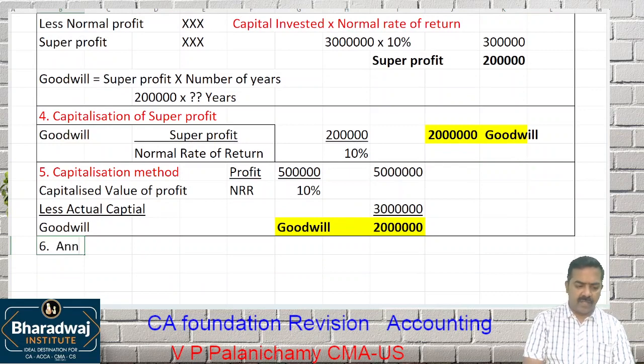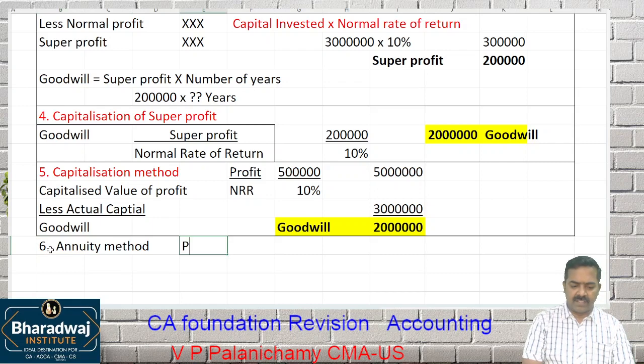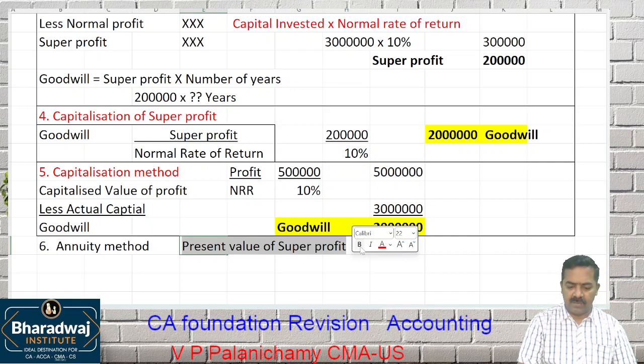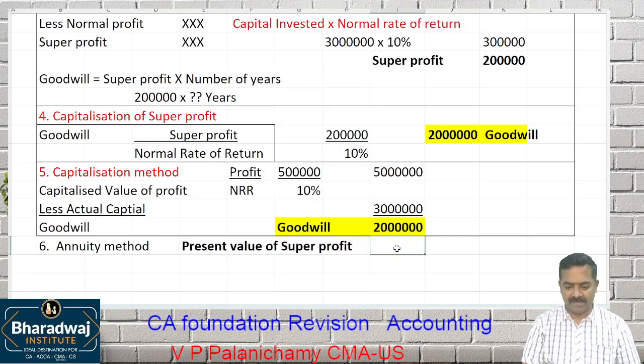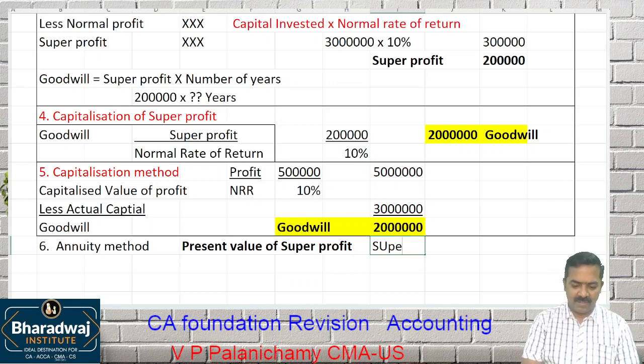Last method, annuity method. Simple. This is nothing but present value. Super profit. Maybe you have seen annuity, present value, future value in maths. Okay, simple. Super profit.